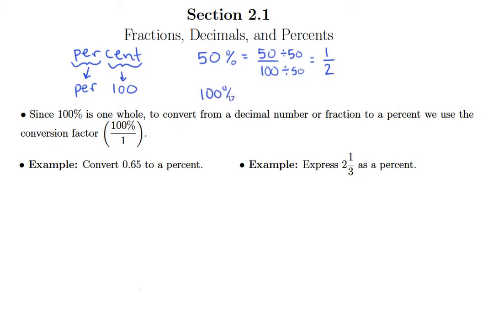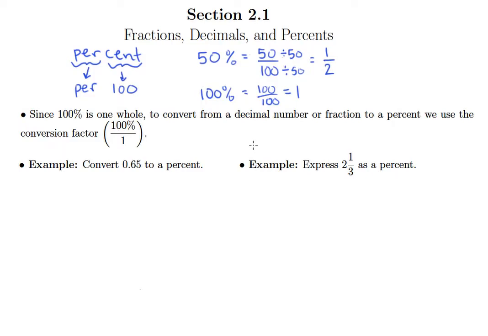What is 100%? Well, 100% is all of something, or one whole. Why? Because 100% means 100 per 100, which of course is just one whole, right? So hopefully that gives us an idea of what percents really represent. So it's how much you have out of 100.